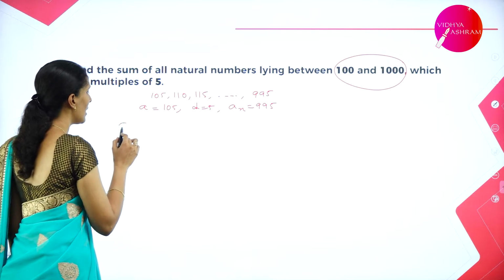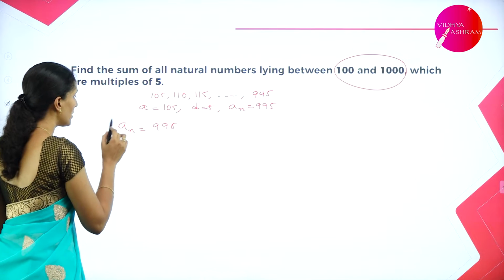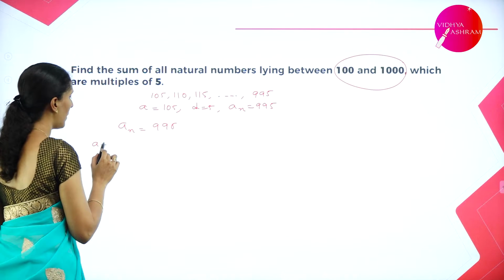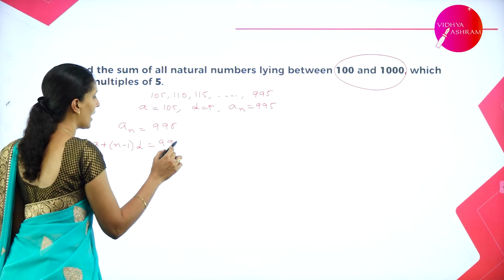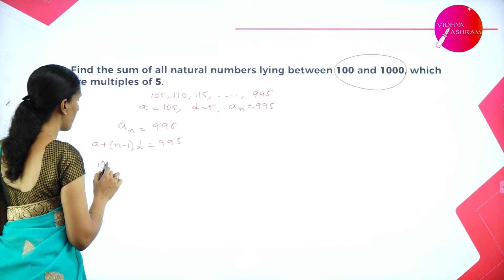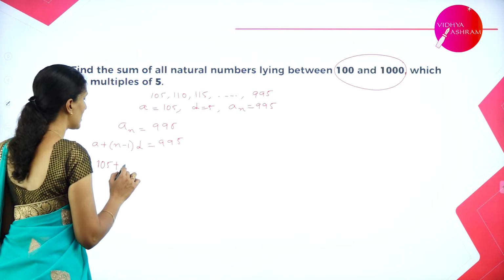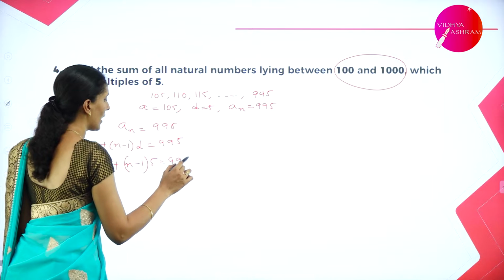So I have An is equal to 995. So what is the formula for An? A plus n minus 1 into d is equal to 995. A is given, that is 105, plus n minus 1 into 5 is equal to 995.